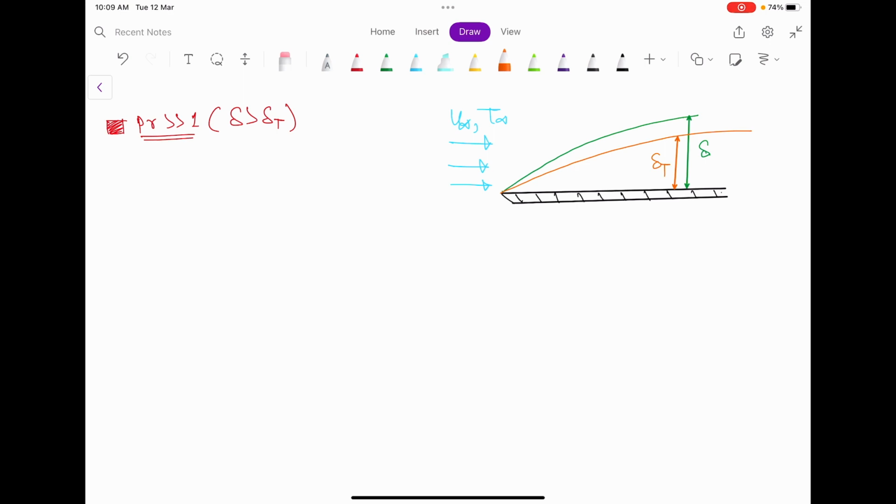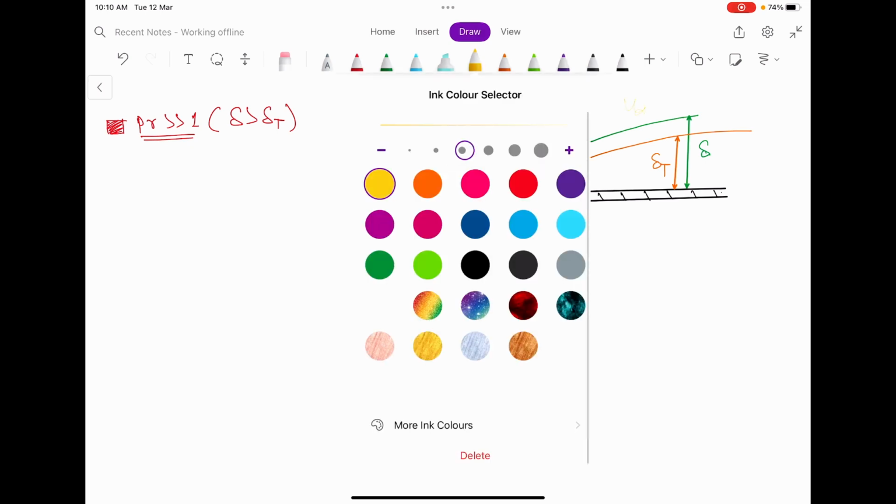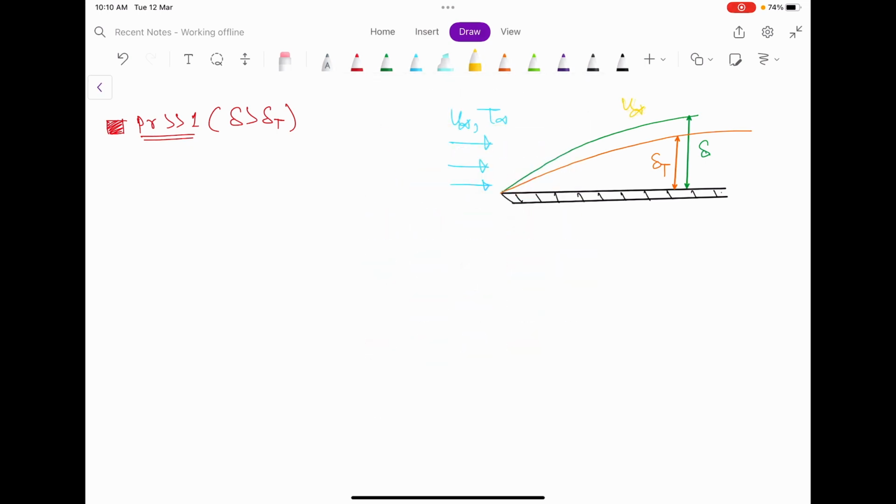Now you see that the domain inside the thermal boundary layer edge is also inside the velocity boundary layer edge. So u infinity prevails outside here. By no means can you say that inside the thermal boundary layer you have the velocity u infinity. So this is the main difference between the previous case and this case.